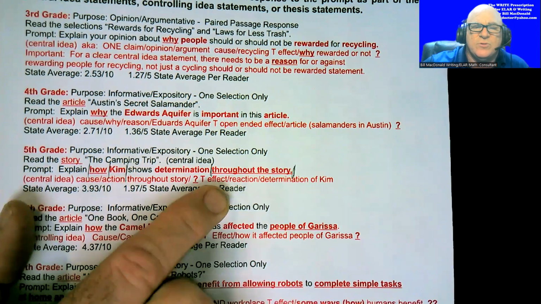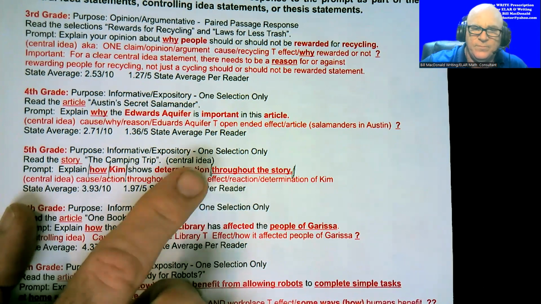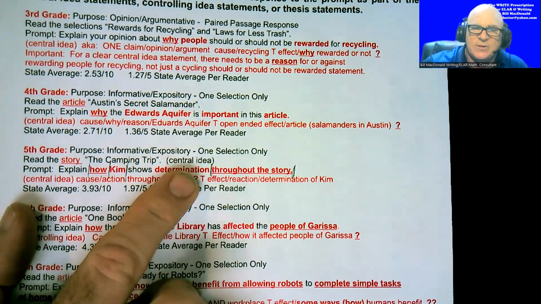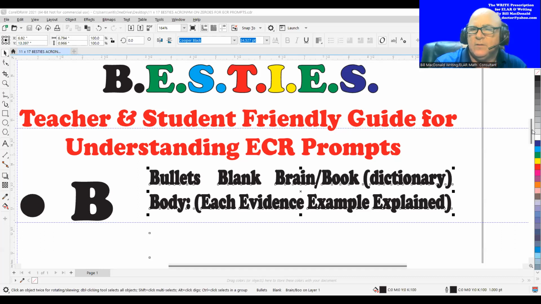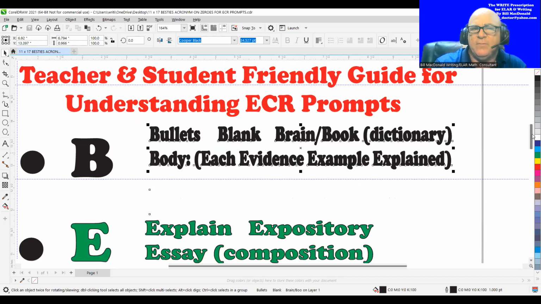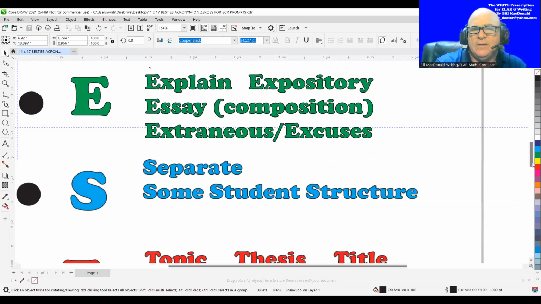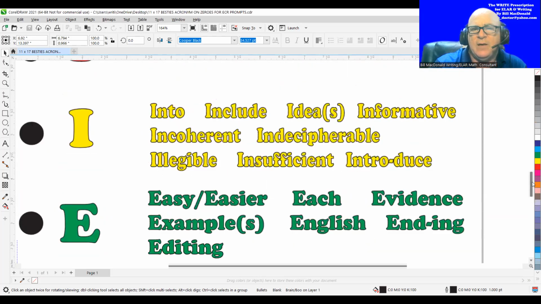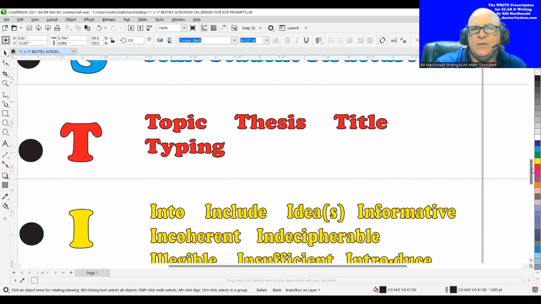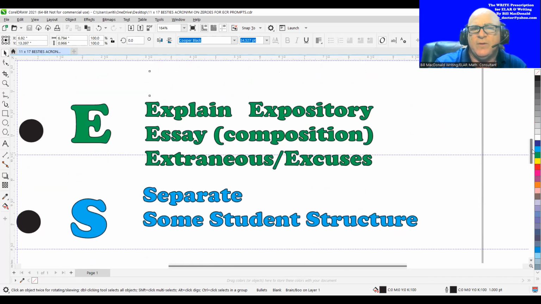So if your students do not know what determination is, then step one is going to Besties, and I'm going to show you something that I've been putting together in 11 by 17 that all of you in the training, I'm building some key things that kept and will continue to keep your students from getting past zeros.